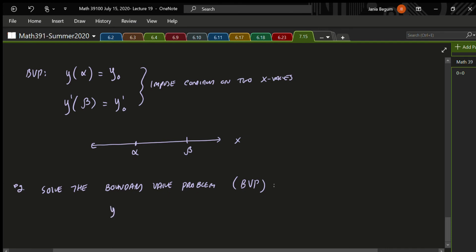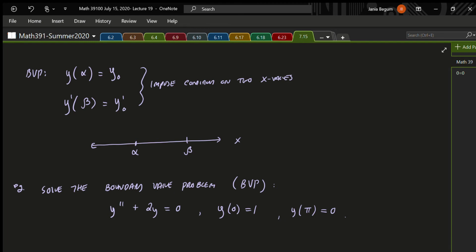Suppose you're given y double prime plus 2y equals 0, and the boundary condition y of 0 is 1. So at one end of the boundary it's 1, and on the other end, say at pi, it's going to be 0. This is a boundary value problem because you're looking at x equals 0 and x equals pi, so two different boundaries.